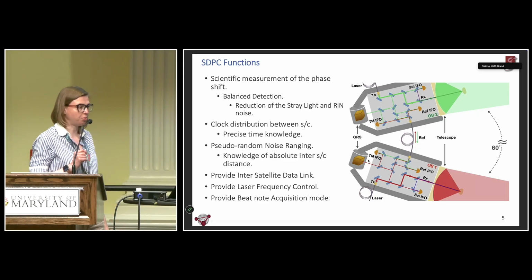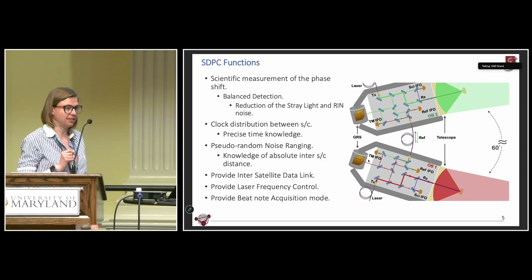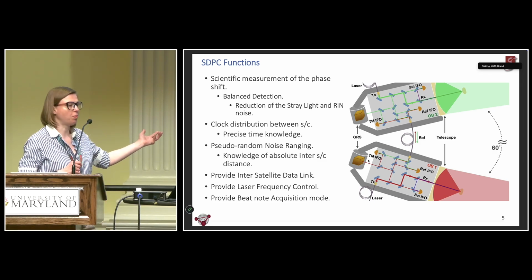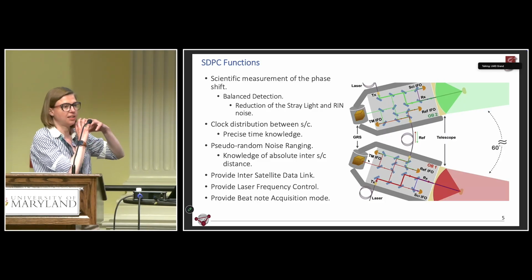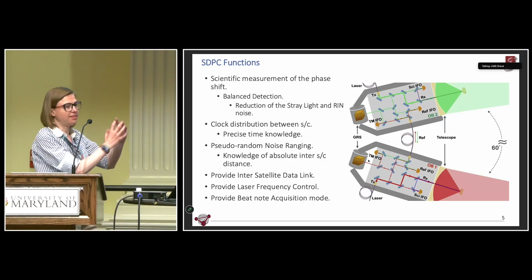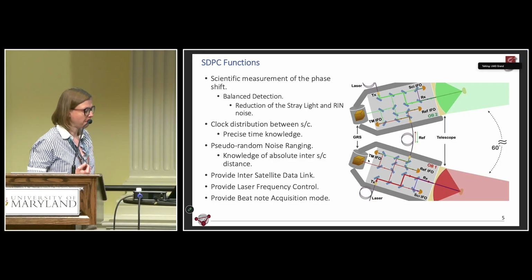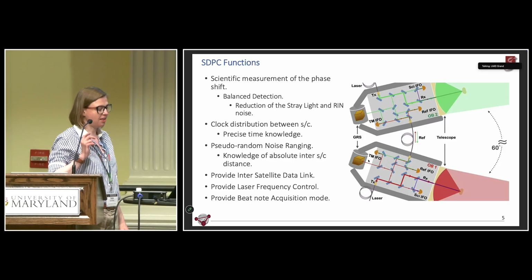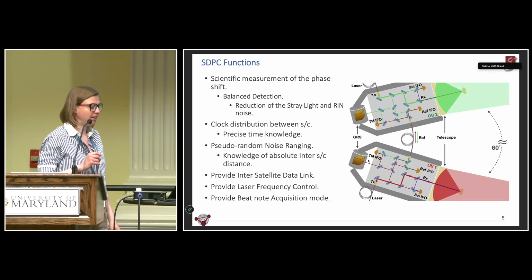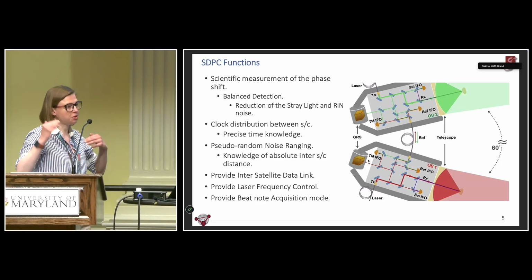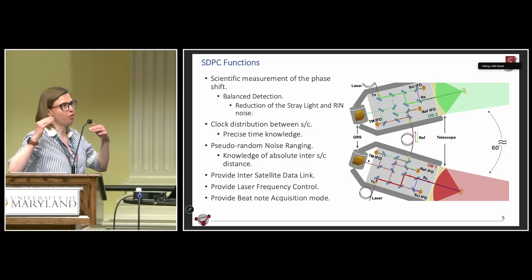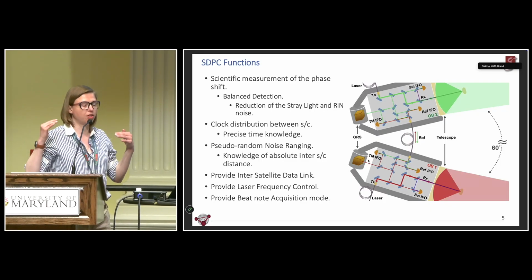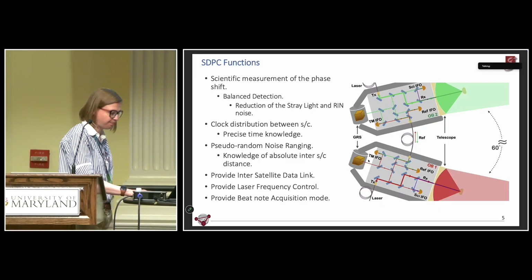It also has to provide the inter-satellite data link. As we know, we're going to be talking only with one satellite at a time. Therefore, we have to transfer all of the scientific data to this one satellite so that we can then download it to ground. We also have to provide two key functions, which are the laser frequency control and initial beat note acquisition, where two spacecraft are going to be not vastly, but to a large extent misaligned, and we're going to have really low signal levels.